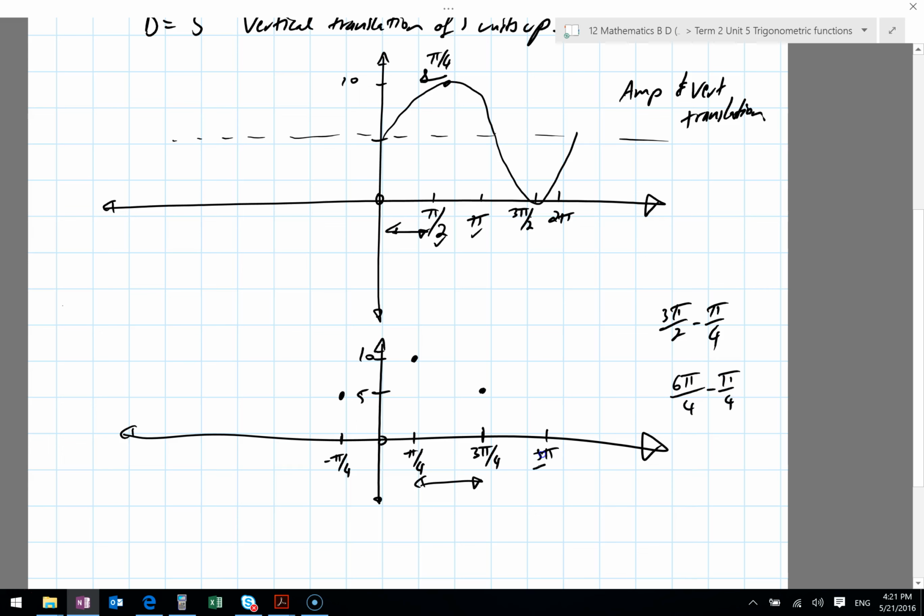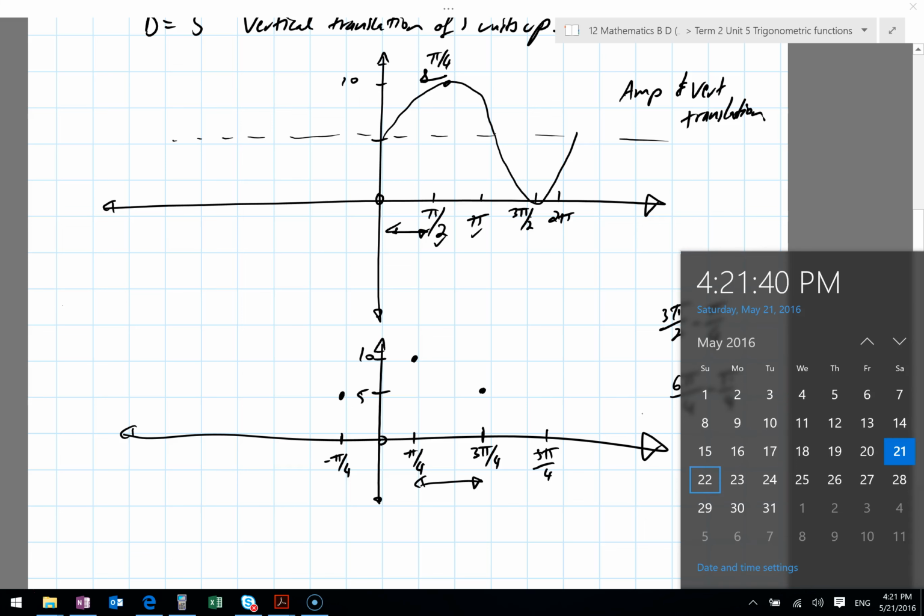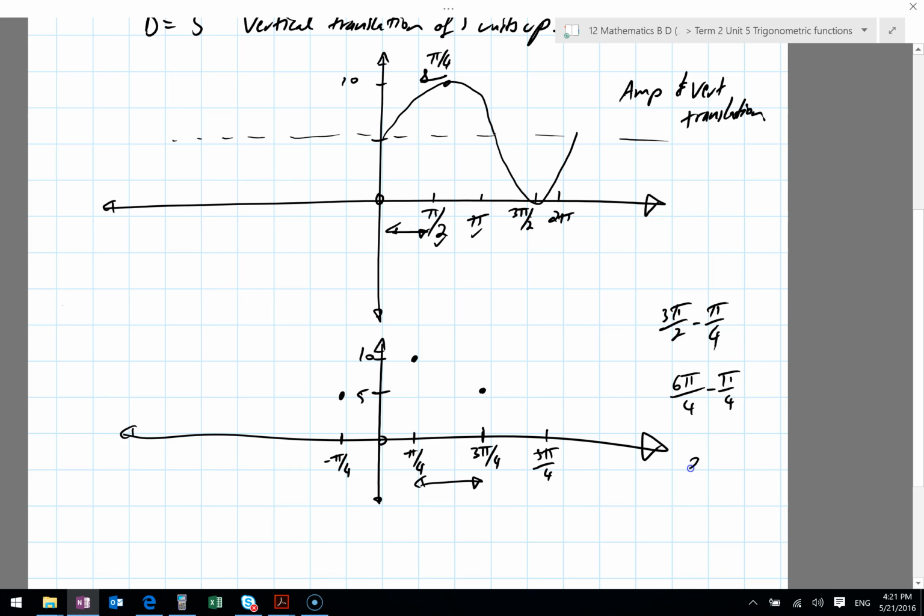You get 5 pi on 4. And then this final one, 2 pi minus pi on 4 would be 7 pi on 4.